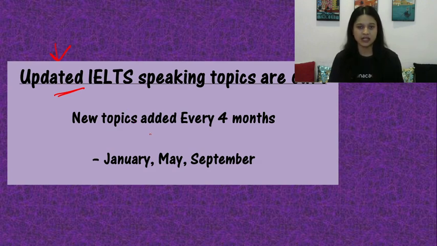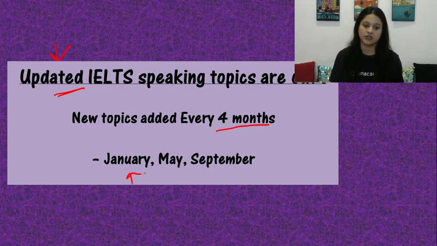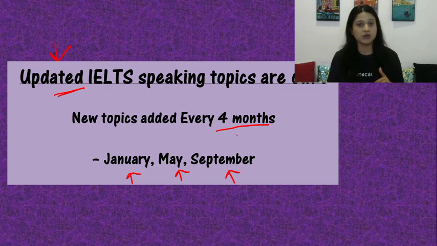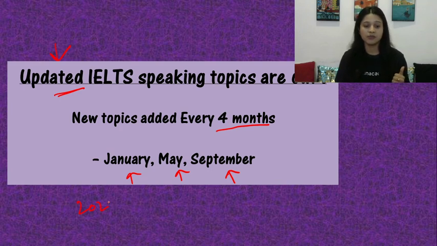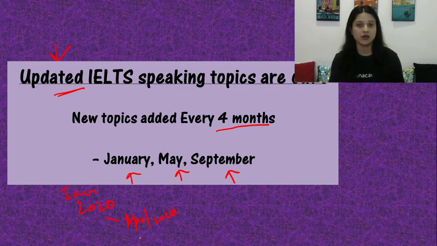And this is generally done every 4 months in January, May, and September. And what month is going on right now? January. So all the people who will be giving the exam from January 2020 to April 2020 should familiarize themselves with the new updated list of topics.